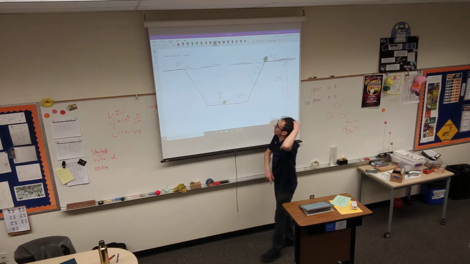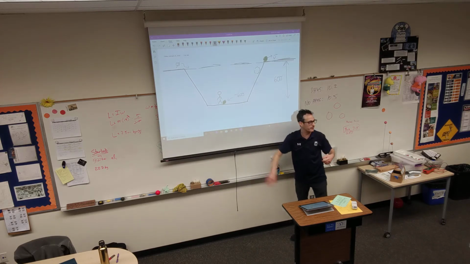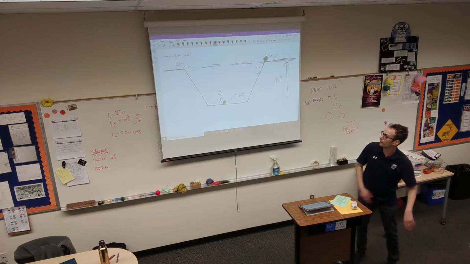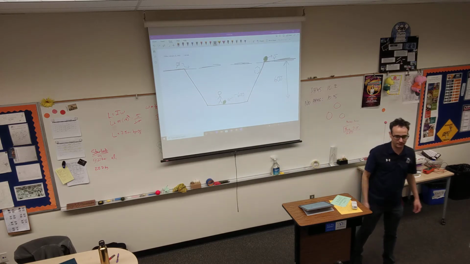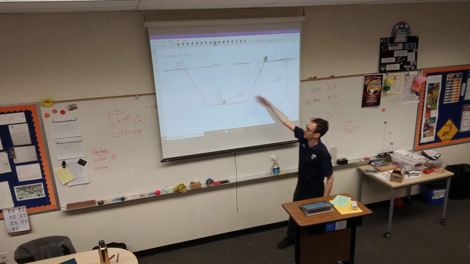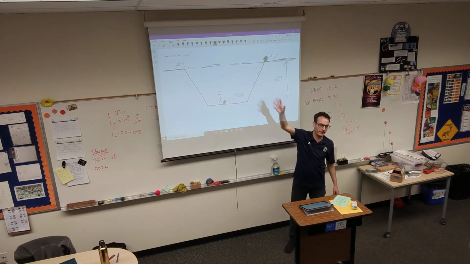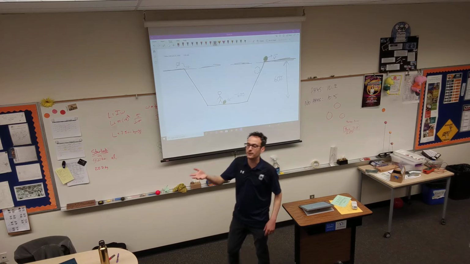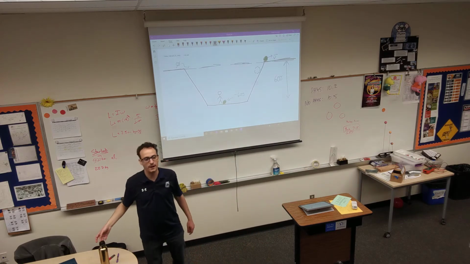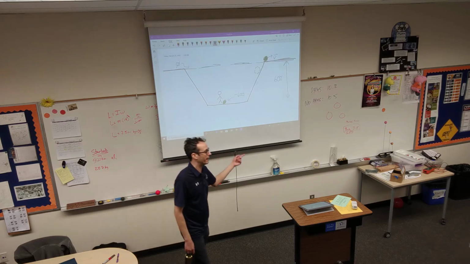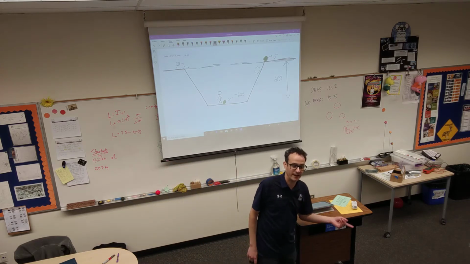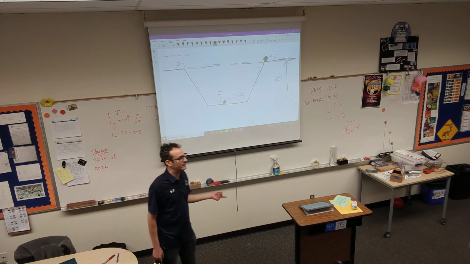That means now the ball has negative 60 joules, suggesting it needs 60 joules in order to get out of the potential energy well that it's stuck in. Just like the electron in a hydrogen atom has an energy state of negative 13.6 eV.